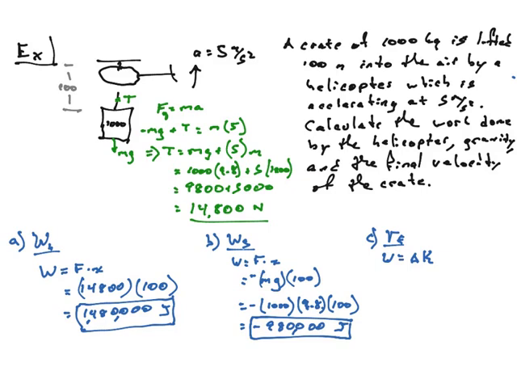All the works added together, acting on the system, give you the change in the kinetic energy. So this is total work. Well, what's the total work? It's just adding up all the works. So I have the work done by the helicopter plus the work done by gravity equals 1/2 mv squared.